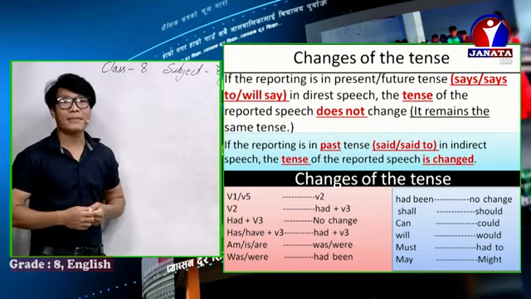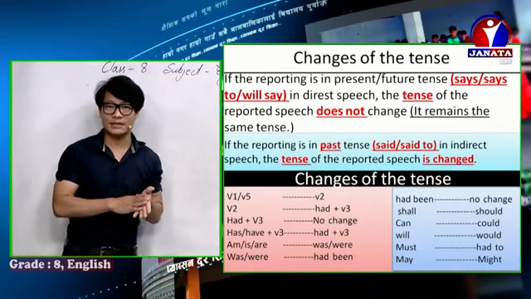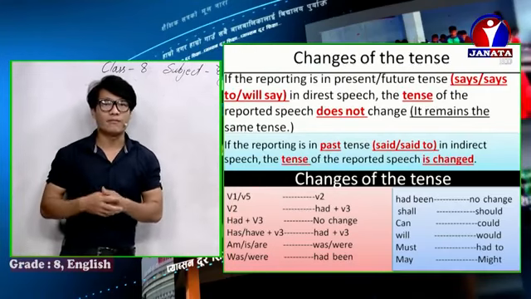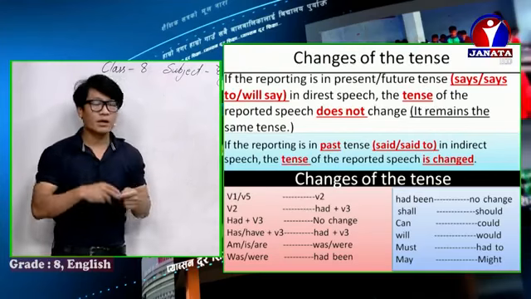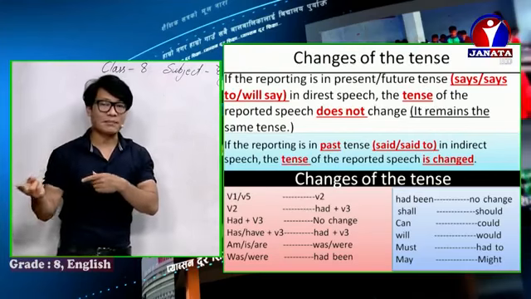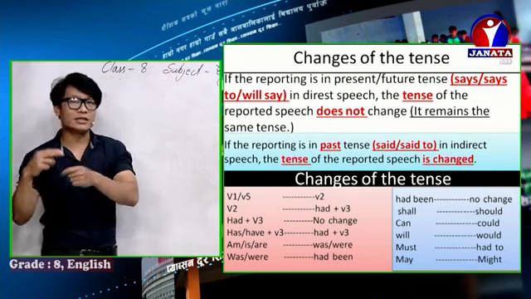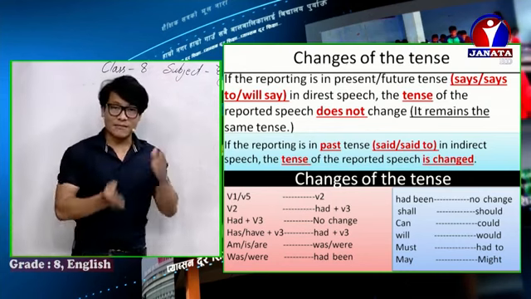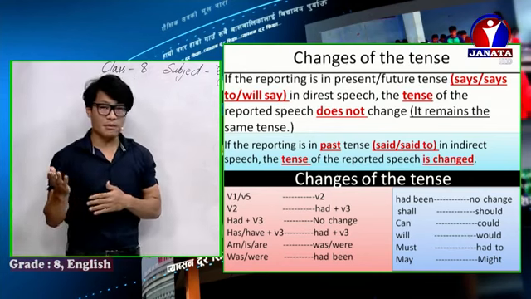Verb 1 and verb 5, meaning simple present, changes into simple past. Simple past, had plus verb 3, that means the simple past changes into past perfect. And past perfect, no change, remember.